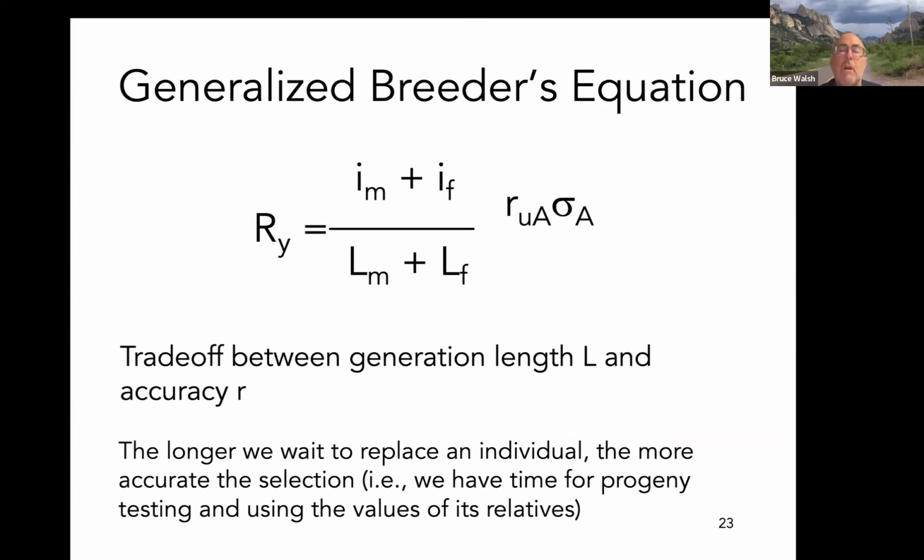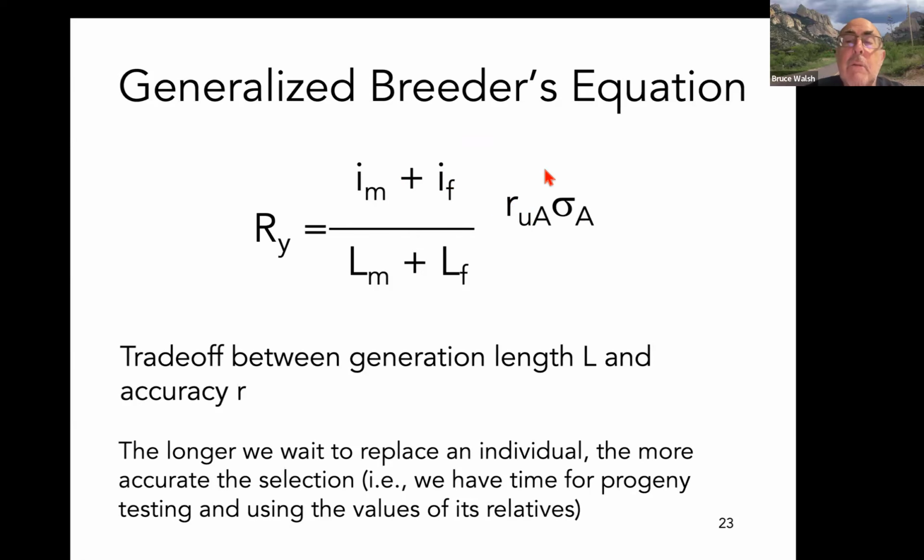So this is the generalized breeder's equation, and it shows you the trade-off between generation length, selection intensity, and accuracy. These components are things you all have control over as a breeder. The problem is they're trade-offs. Think about progeny testing. In progeny testing, I replace your phenotype by the mean milk production in your offspring.